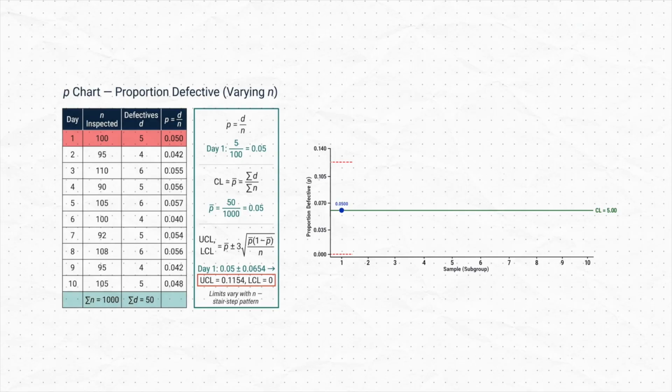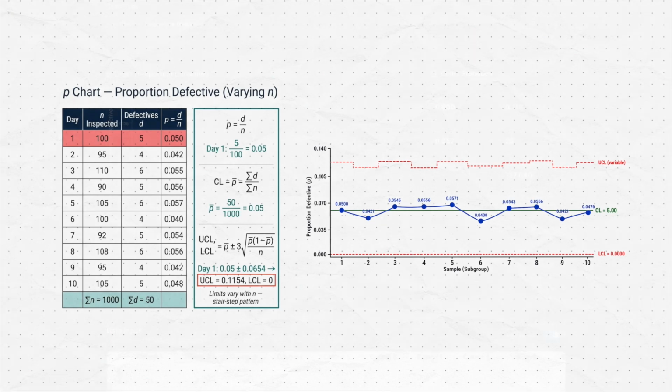Applying it to day 1, where N was 100, we get 0.05 plus or minus 0.0654. So the upper control limit for day 1 is 0.1154 and the lower limit comes out negative, so we set it to 0. You repeat this limit calculation for each day using its own sample size, and with that, this is our complete P chart. The limits step up and down as the sample size changes.